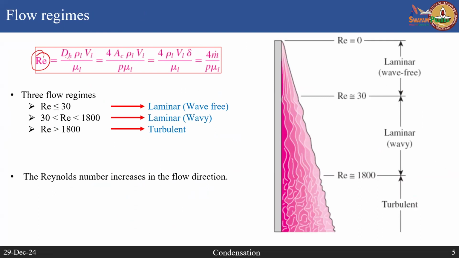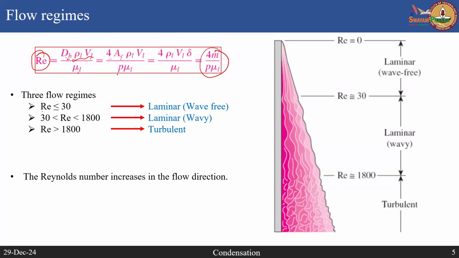If it is a cylinder or something, you use the equivalent hydraulic diameter, and then you have the mass flux, which is rho times the velocity of the liquid film divided by the viscosity. Okay. Now, of course, the hydraulic diameter is 4 times cross sectional area by perimeter, and you can write it in terms of the mass flow rate. So, if you know the mass flow rate, you can actually use it to calculate what is the Reynolds number locally, and you can classify the regimes of film wise condensation.